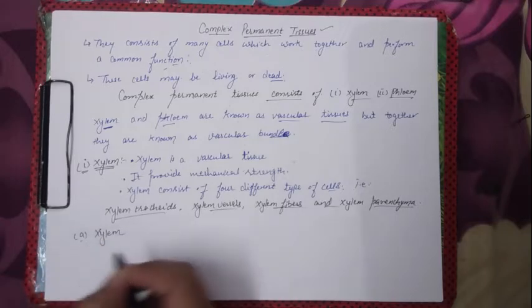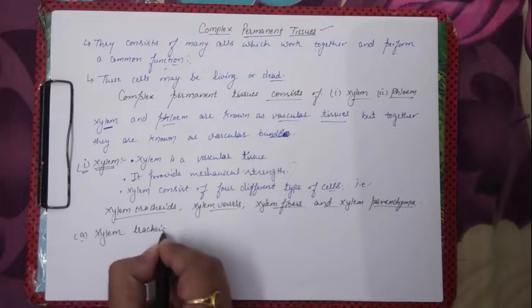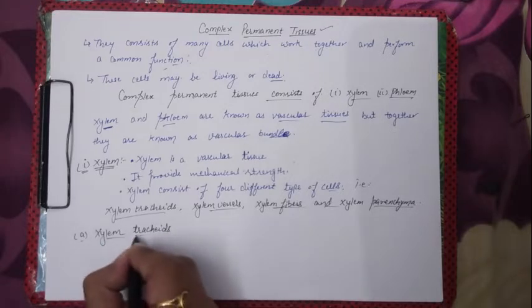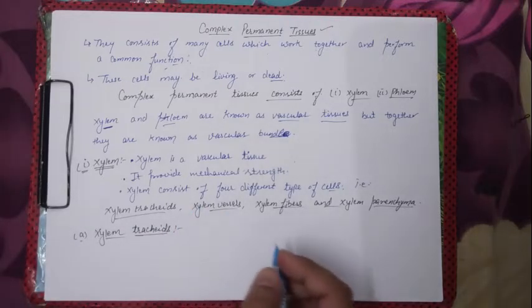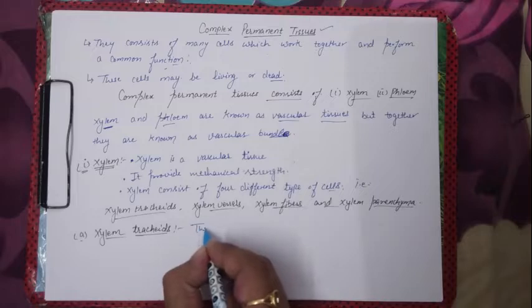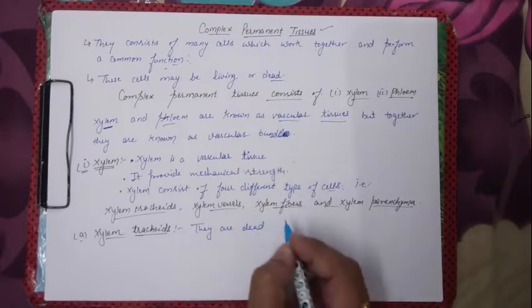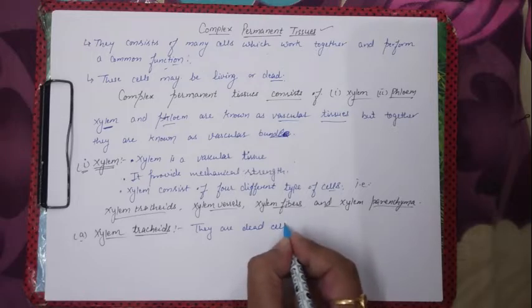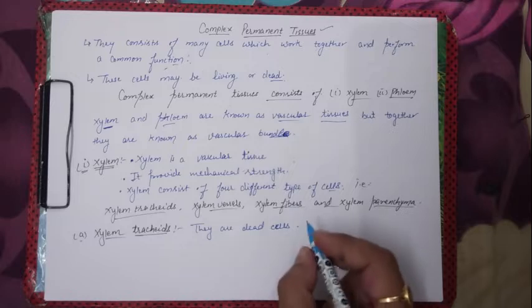First of all, we have marked A, tracheids. Xylem tracheids are dead cells.